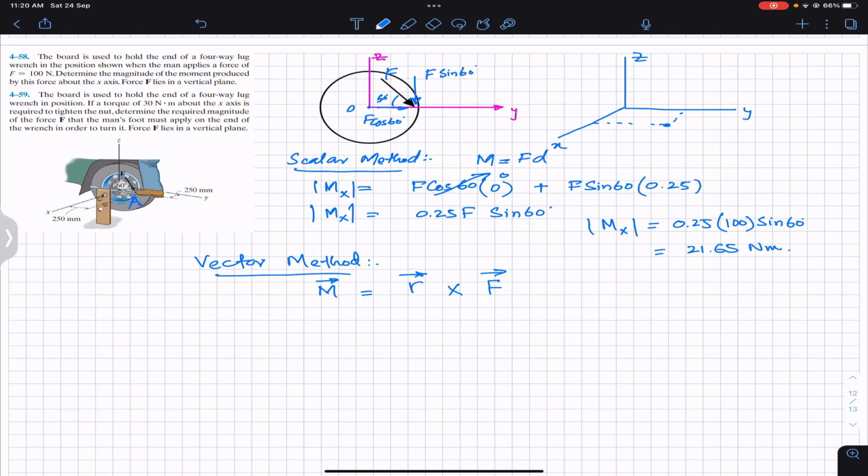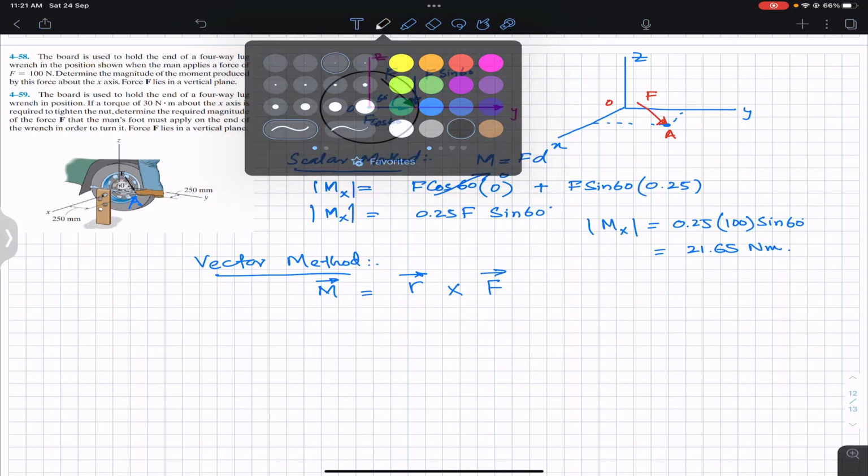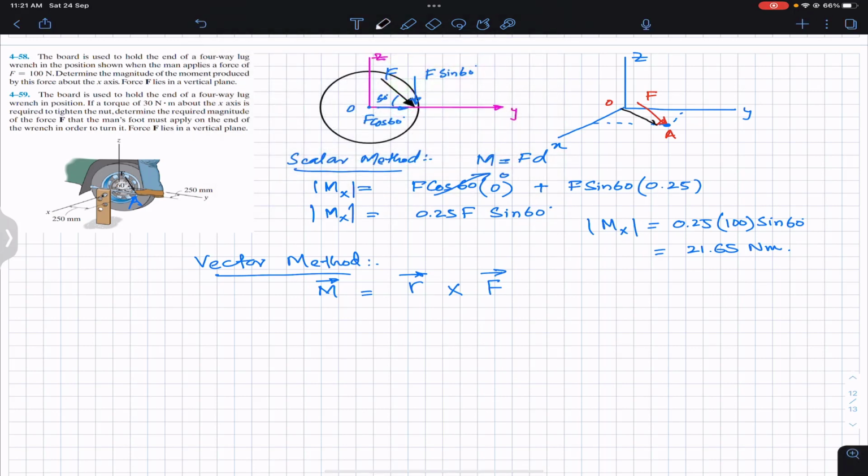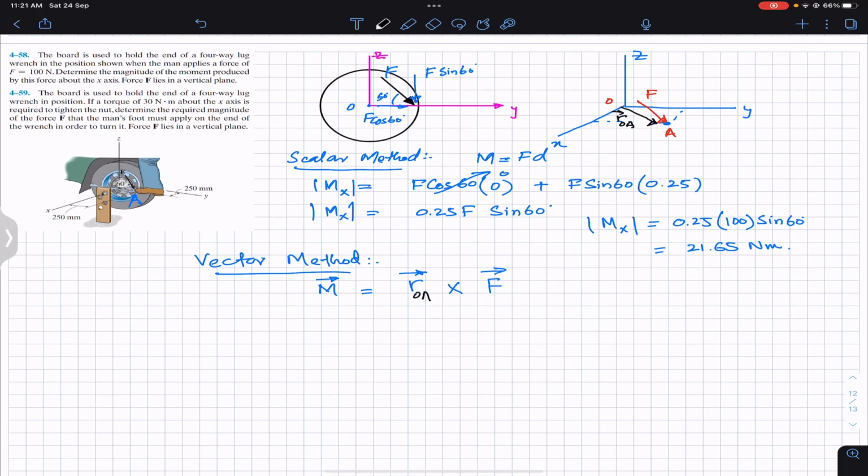This is the point O, and this is the application of that force F. Let's say that this is point A. So we can define our moment arm as a position vector from O to A, and this is the force F as a Cartesian vector. So first of all we have to write this force F as a Cartesian vector.